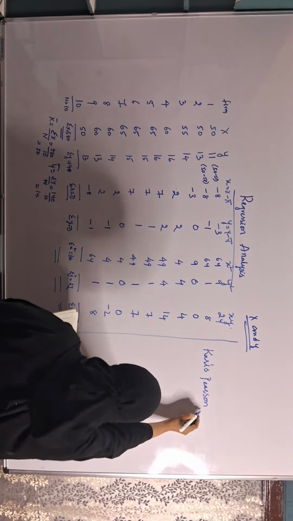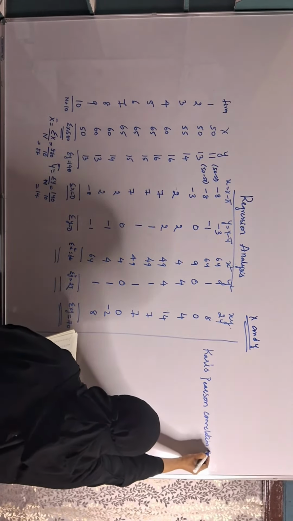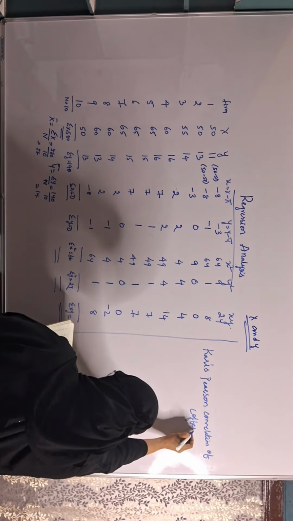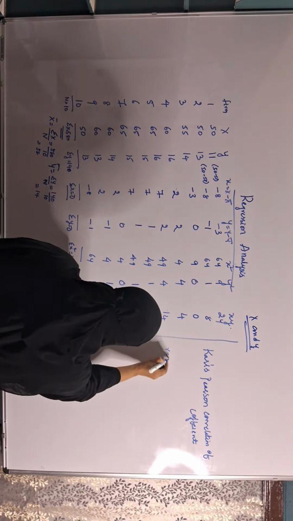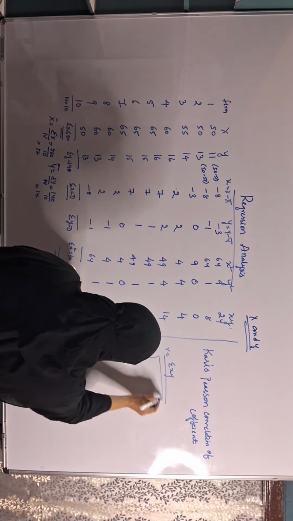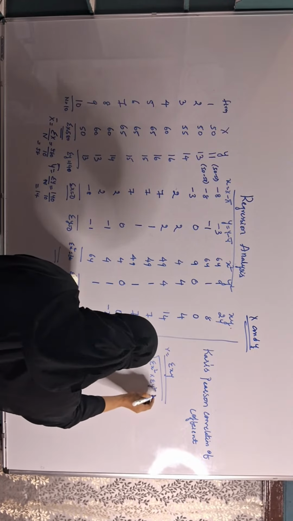R is equal to sigma xy by under root sigma x square into sigma y square.